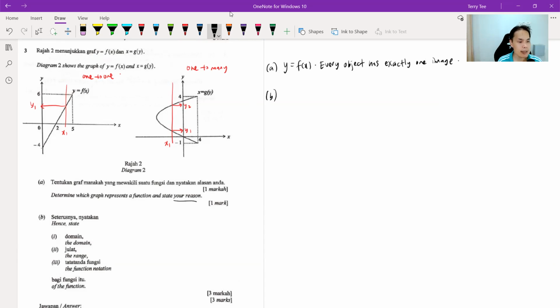Okay, part B. State the domain, the range, and the function notation. If you look at this graph here, this is a straight line graph. You notice in this case, your horizontal x value represents your domain. Now your domain actually starts from 0 to 5.